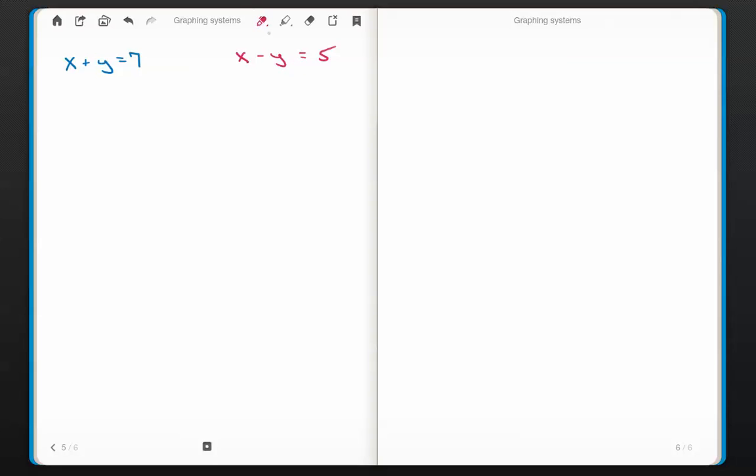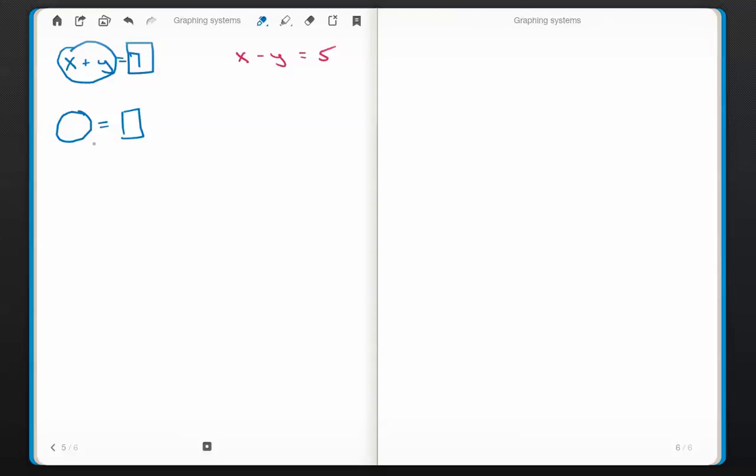How does this work? What is the blue thing saying? In blue, I'm going to say that this thing here, x plus y, is the same as this thing. So the circle equals the square, right?